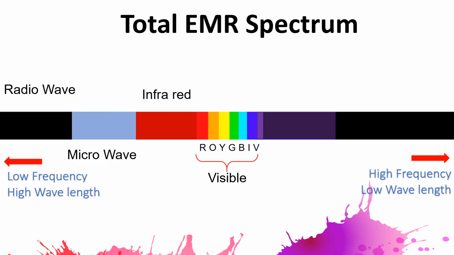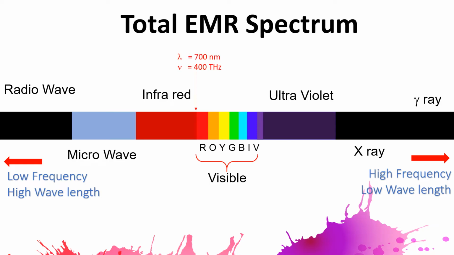Therefore, we divide into three categories. And higher than violet, we have the ultraviolet part, and above that frequency we call X-ray and gamma ray. That is also some part of electromagnetic radiation. So those are the electromagnetic radiation categorized into different parts. And very high frequency we call gamma ray, and very low frequency we call radio waves.